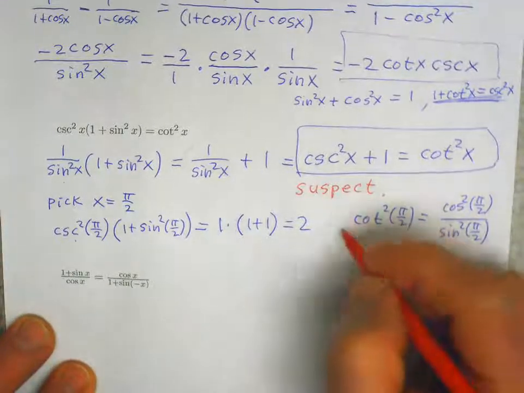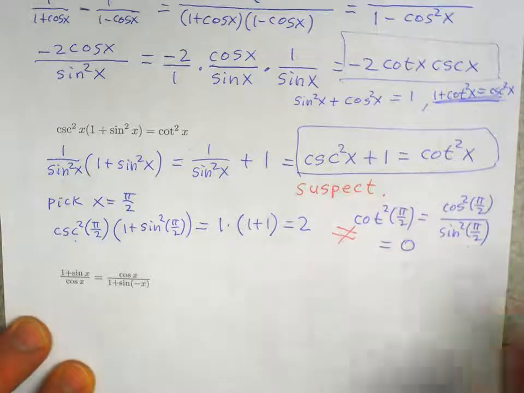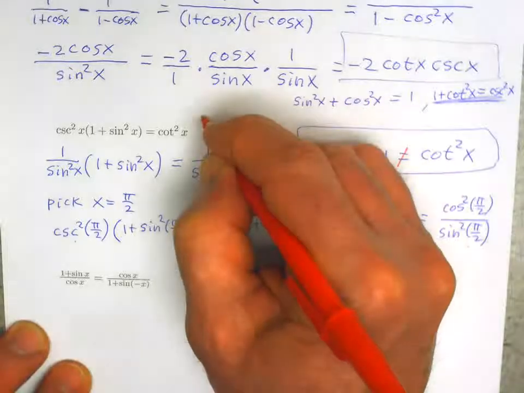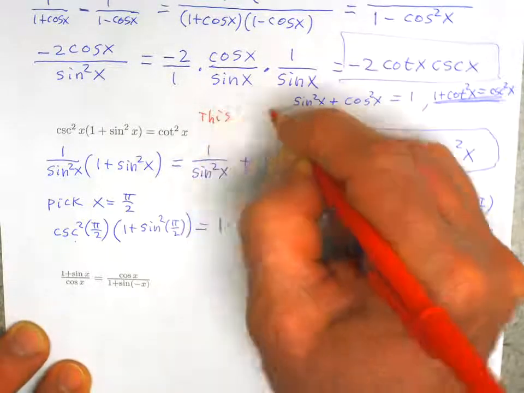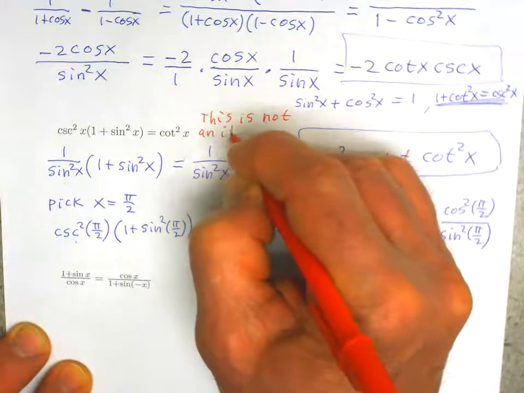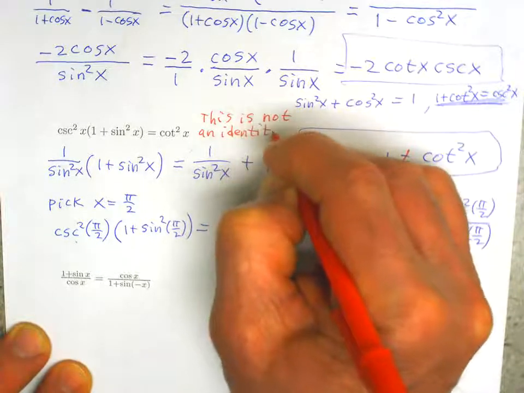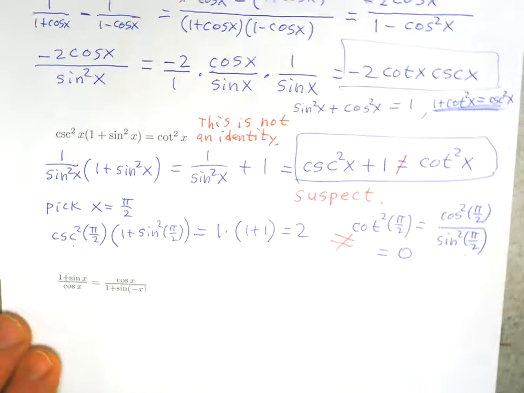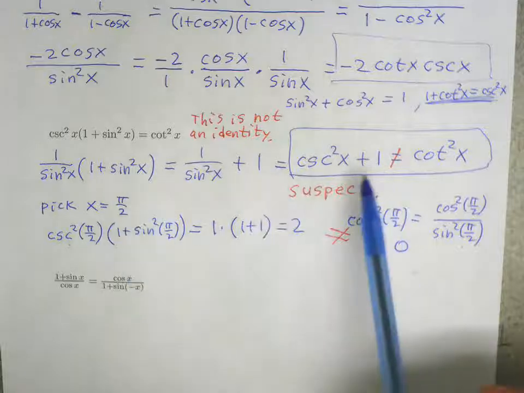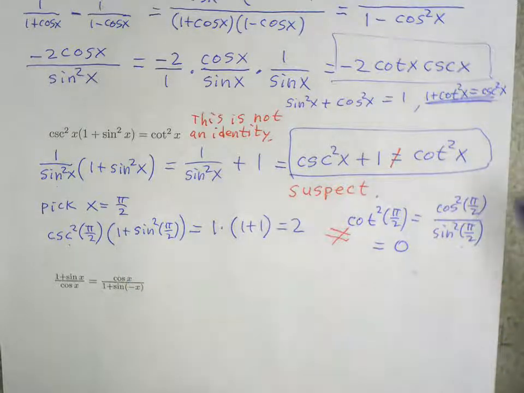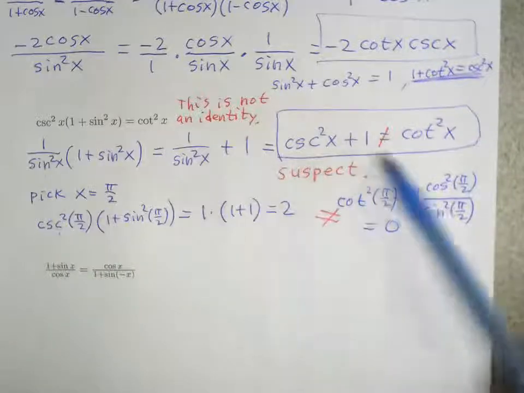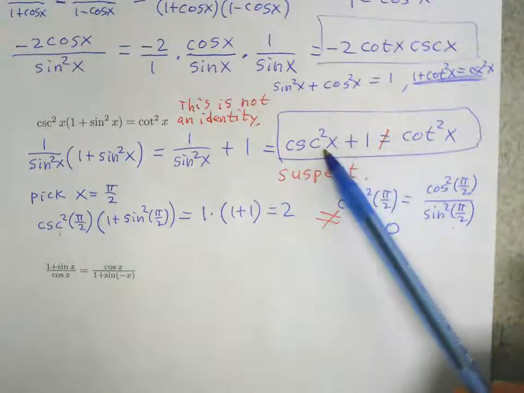Okay, so it's true that 2 does not equal 0, so that means this is not an identity. I don't know for sure, but my suspicion is that whoever came up with this problem did so in an attempt to make you think that you were looking at an identity that is not really an identity.